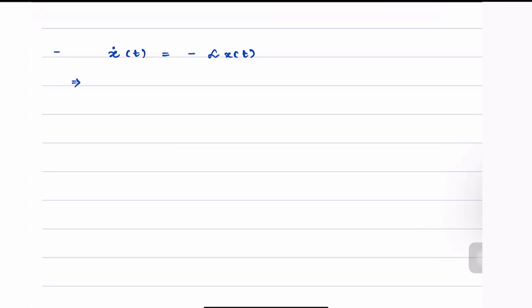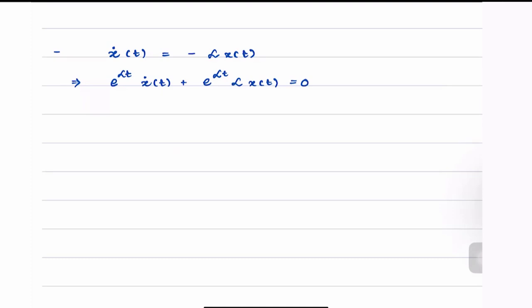Let us left multiply e raised to the power Lt on both sides. And what we can do is we can bring this to the LHS. Hence, we will write e raised to the power Lt, L times x of t equals 0.